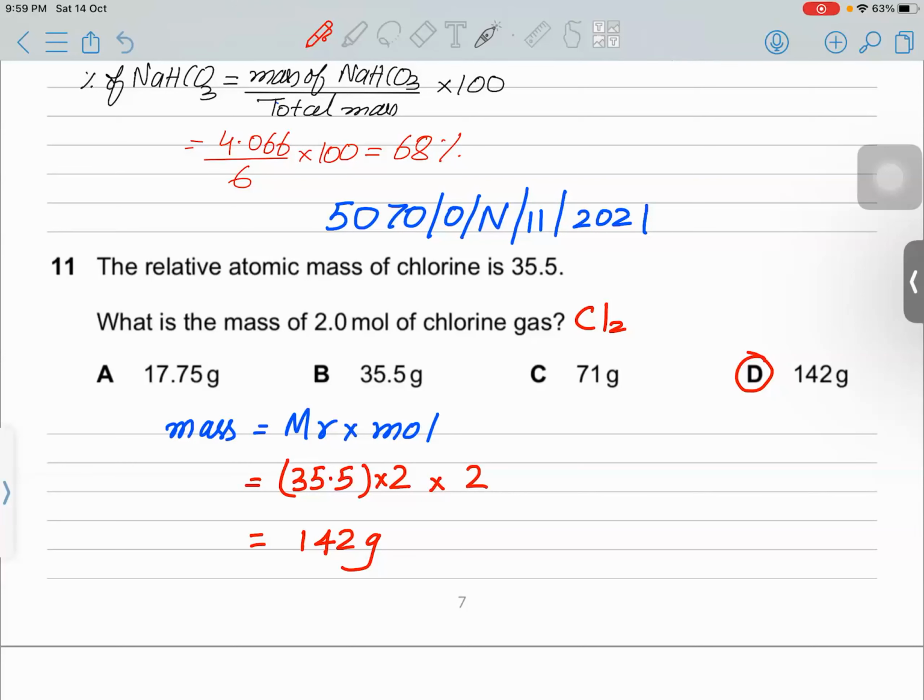So that's why we multiplied by 2, because it has 2 atoms combined. Exactly. Chlorine gas, hydrogen gas, all are H2.